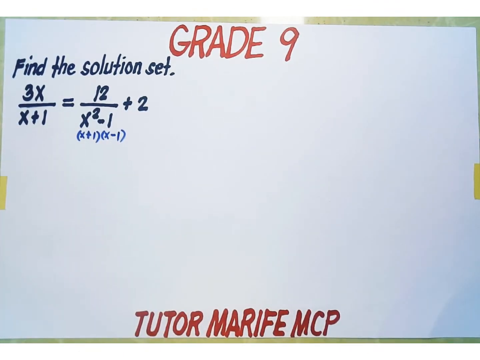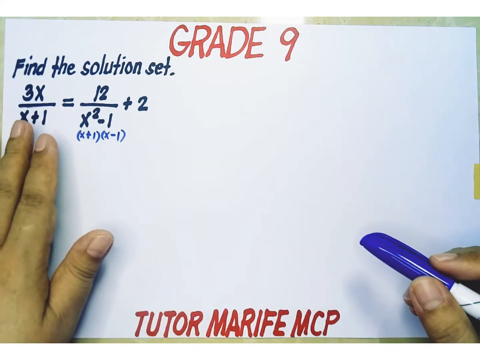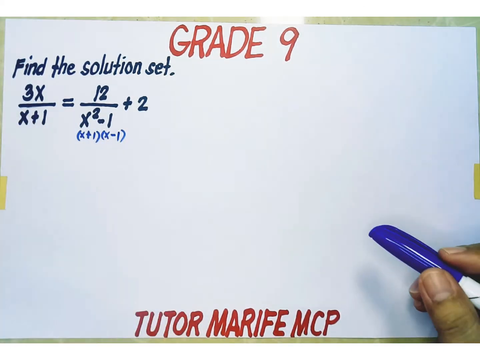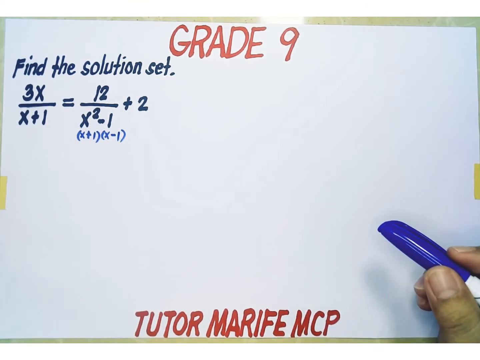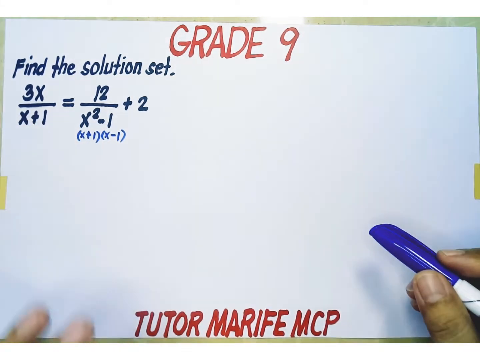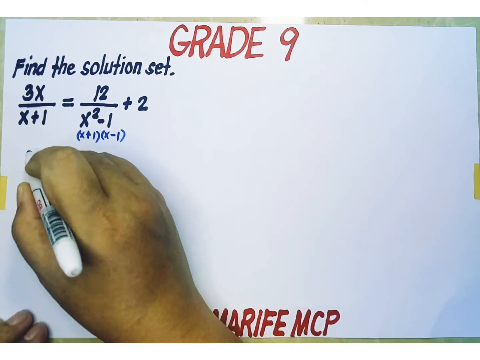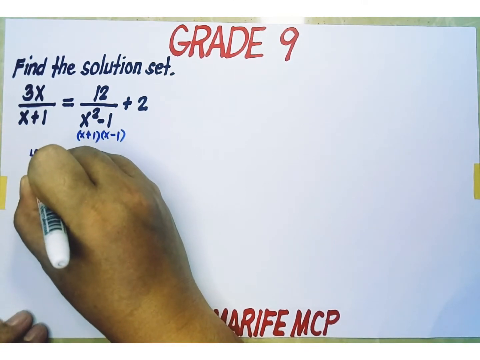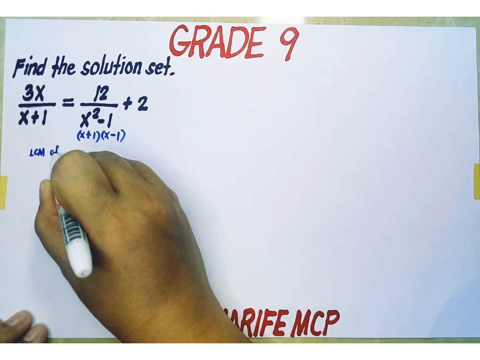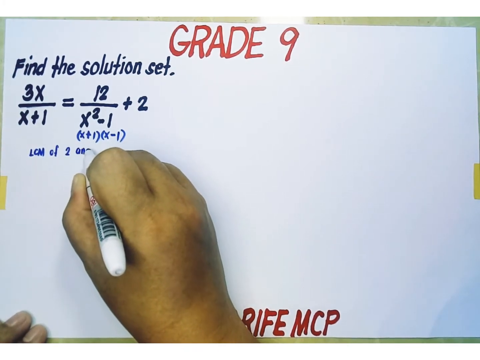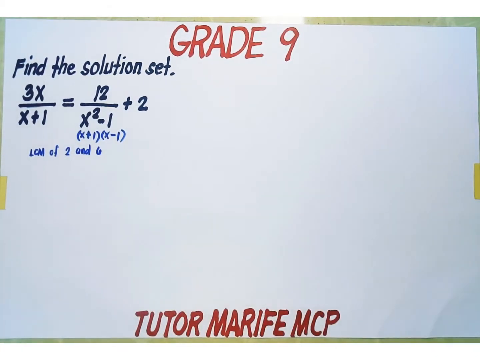Yan. Okay? So, pag na-factorize na yung expressions sa denominator na factorable, pwede ka nang maghanap ng LCM. Paano ba maghanap ng LCM? Let's review yung elementary lesson natin na, for example, find the least common multiple of the numbers 2 and 6 by using prime factorization.